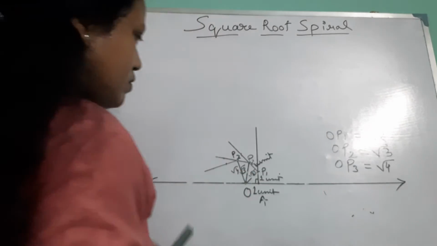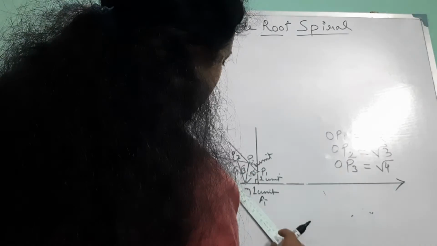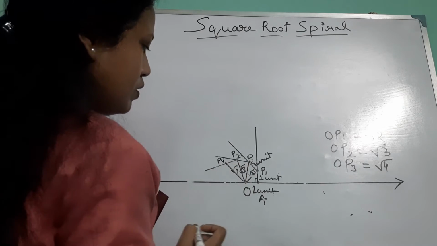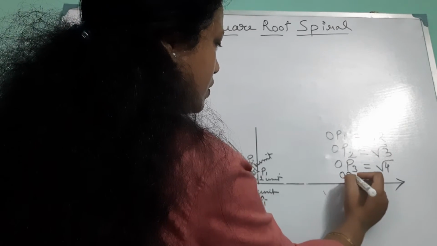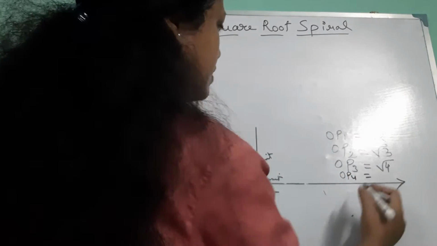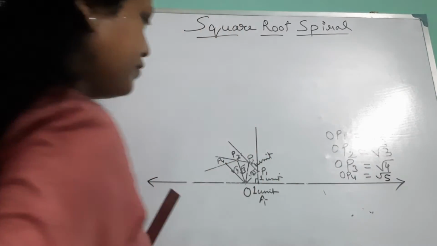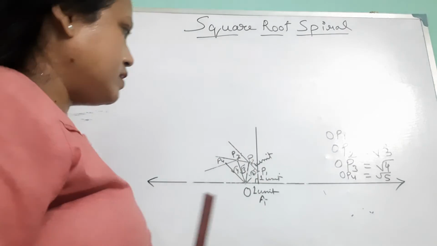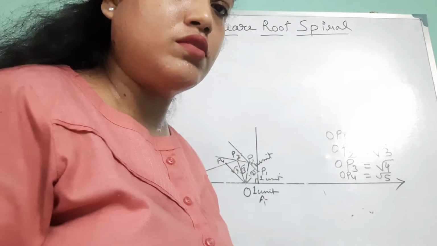This much we have taken as 1 unit, and join this point with O. So this point is P4, and OP4 we are getting as root over 5. In this way this process will continue, and this is known as the square root spiral.